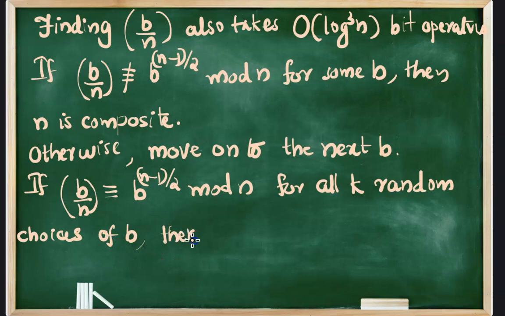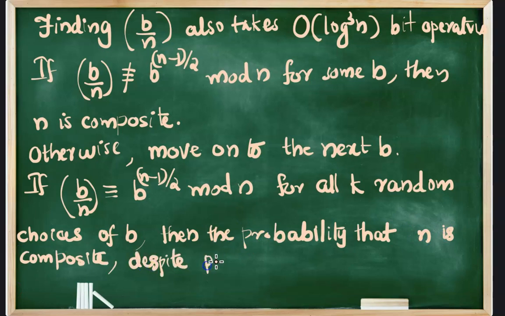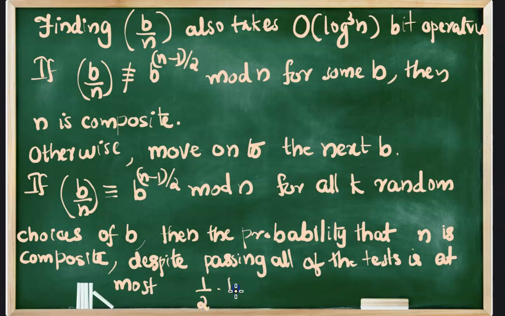then the probability that n is composite despite passing all of the tests is at most 1/2 times 1/2 times 1/2, k times, since the probability that n is composite after conducting one trial, one test, is at most 1/2 and we have tested for primality k times.